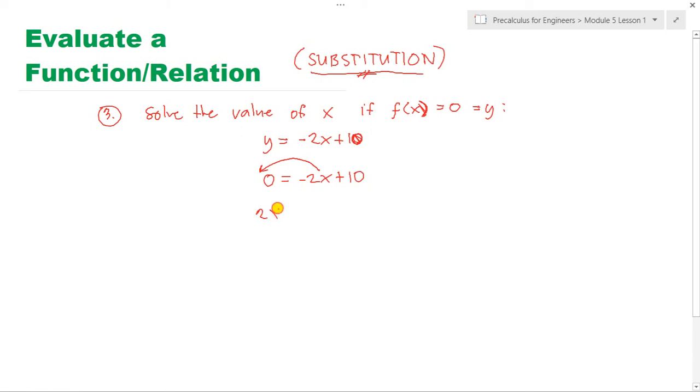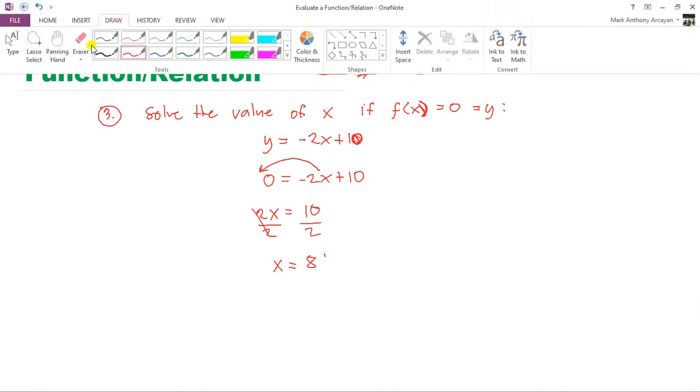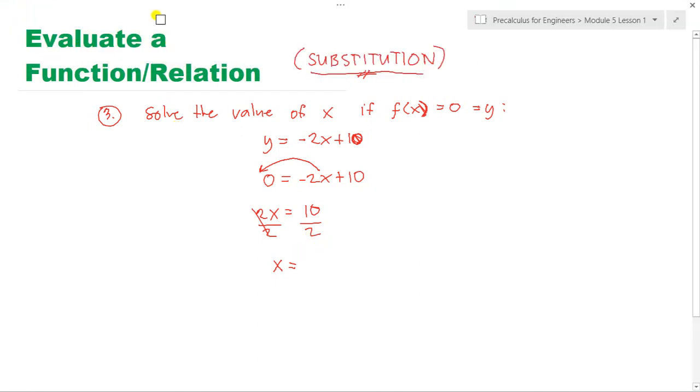So we have 2x is equal to 10. Divide both sides by 2, so we have x is equal to 5. So this would be 5. x is equal to 5. So this would be the value of our domain.